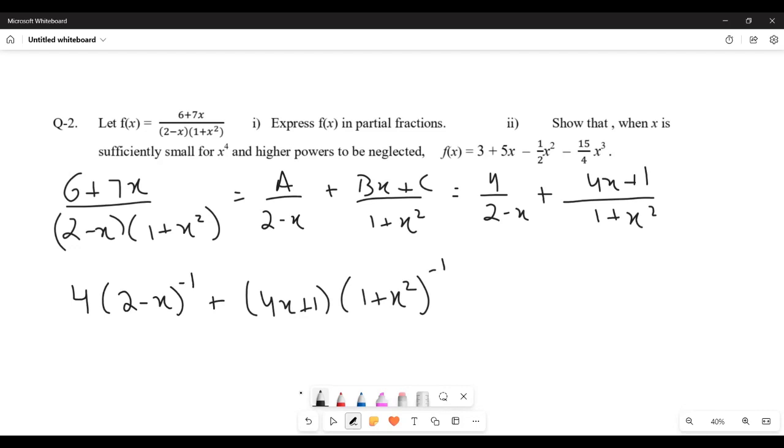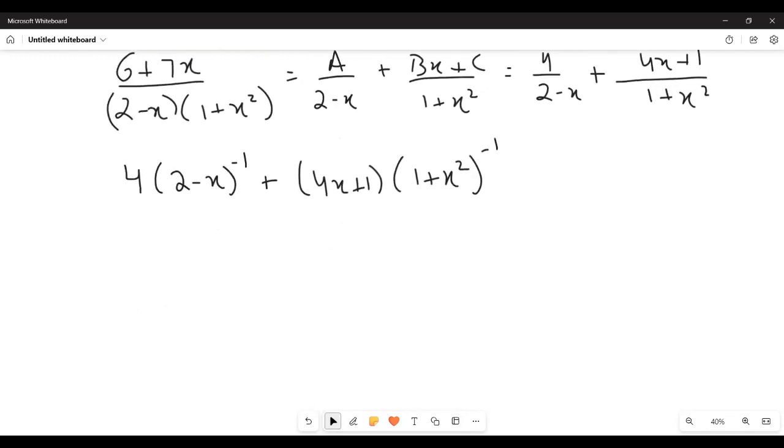And they're saying that show that when x is sufficiently small, x power 4 and higher powers to be neglected, you get f(x) is equal to this. So you have to ignore x power 4, x power 5, x power 6 because x is a very small value. So we're going to expand till x cube. So let's do that individually for both the expressions.